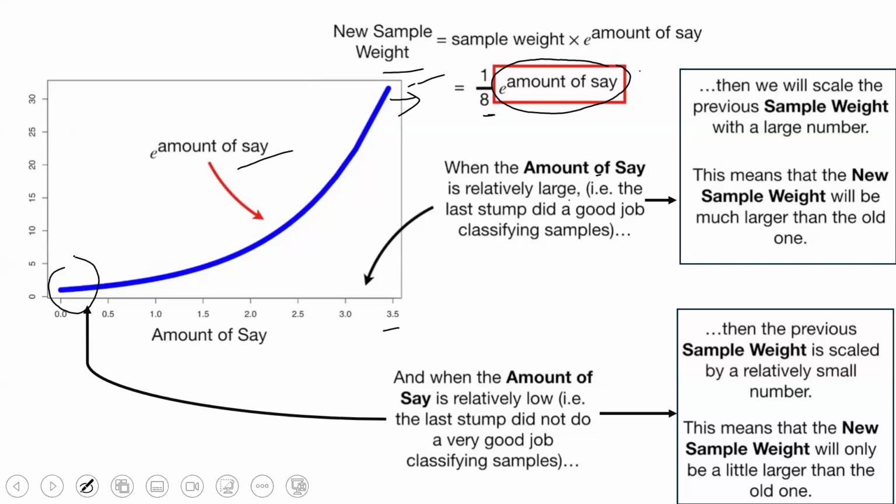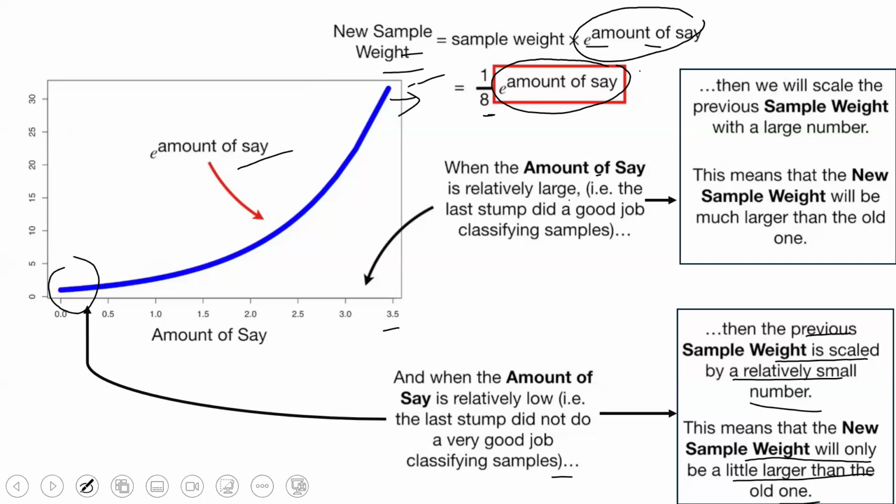Similarly, when the amount of say is low, that means the stump is not really doing a great job. In that case, the new sample weight will not drastically change. The previous sample weight is scaled by a relatively small number, which means the new sample weight will only be a little larger than the old one, because the stump is not doing a great job.